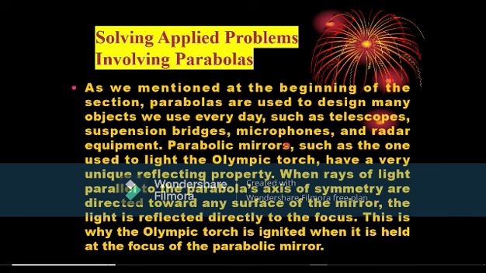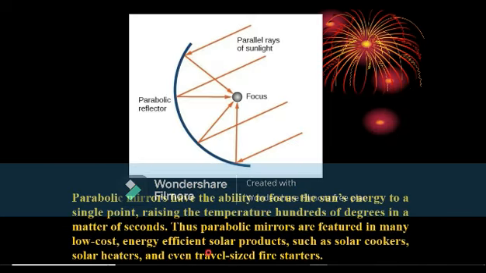Parabolic mirrors such as the one used to light the Olympic torch have a very unique reflecting property. When rays of light parallel to the parabola's axis of symmetry are directed toward any surface of the mirror, the light is reflected directly to the focus. This is why the Olympic torch is ignited when it is held at the focus of the parabolic mirror.